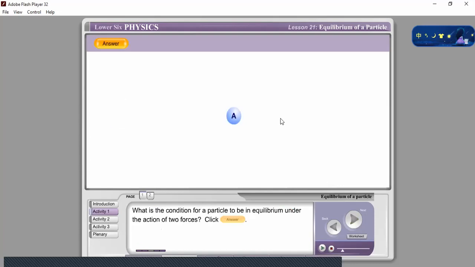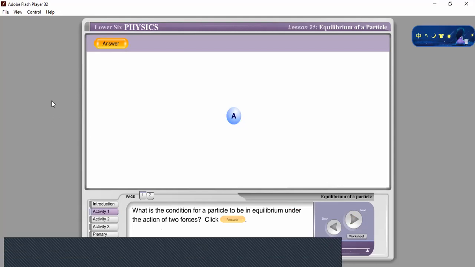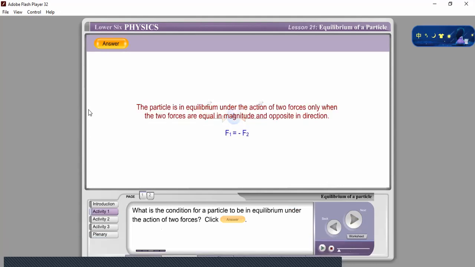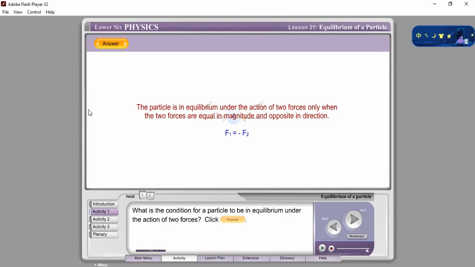What is the condition for a particle to be in equilibrium under the action of two forces? Click Answer. The particle is in equilibrium under the action of two forces only when the two forces are equal in magnitude and opposite in direction.